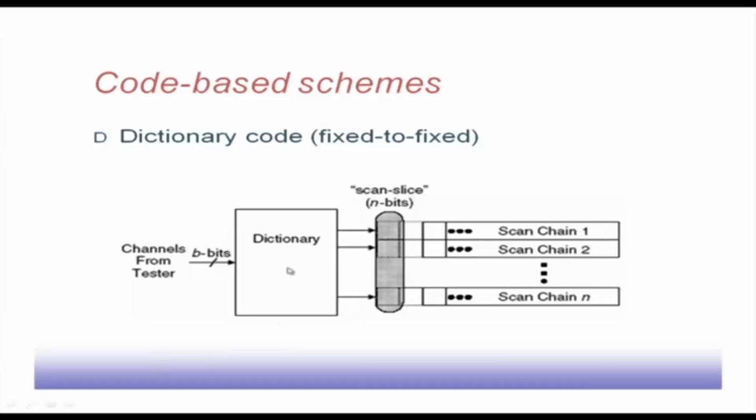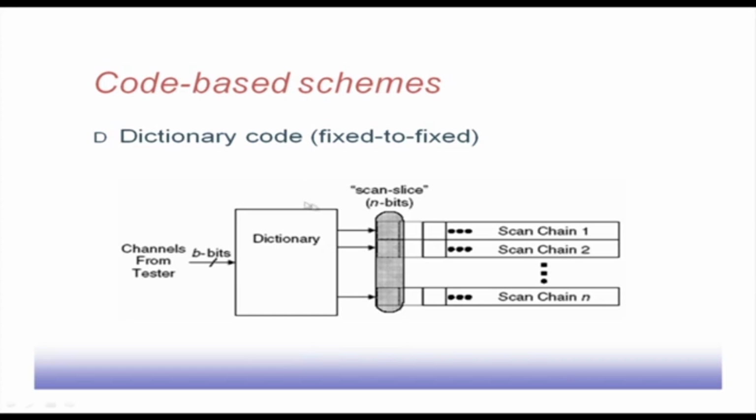But if only some slices are there, and it is not that all possible slices appear as part of this test pattern sequence, then the total possible slices are fewer, and this dictionary can be of finite size. Whatever slices we have are stored into this dictionary. So the dictionary size is finite, and we can put it in as a part of the decompressor.